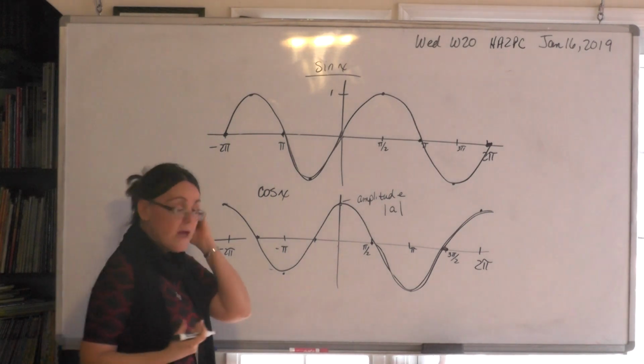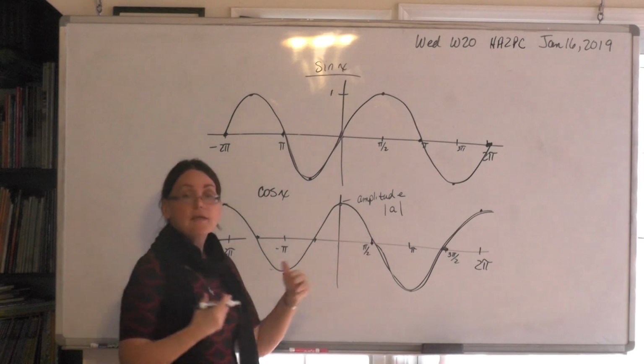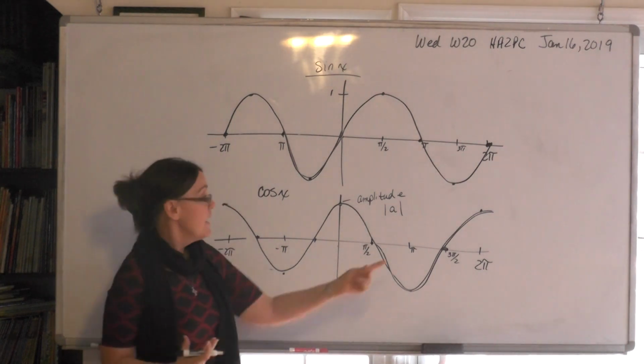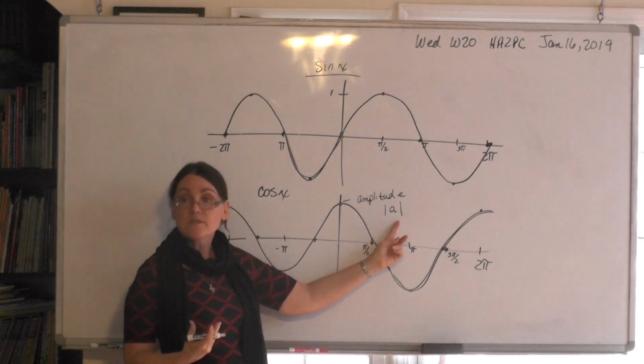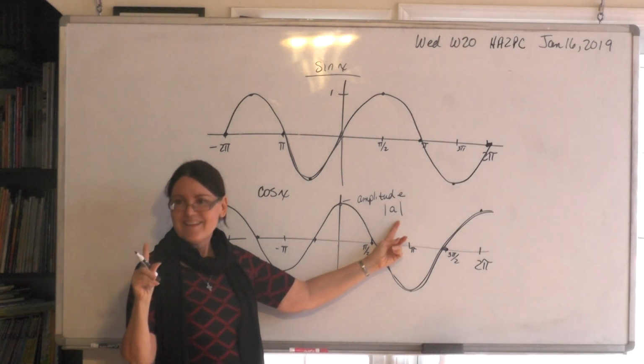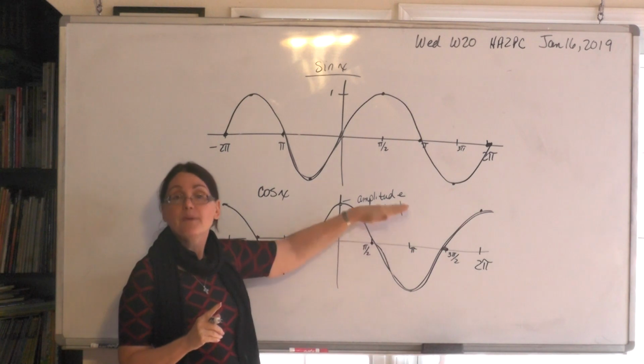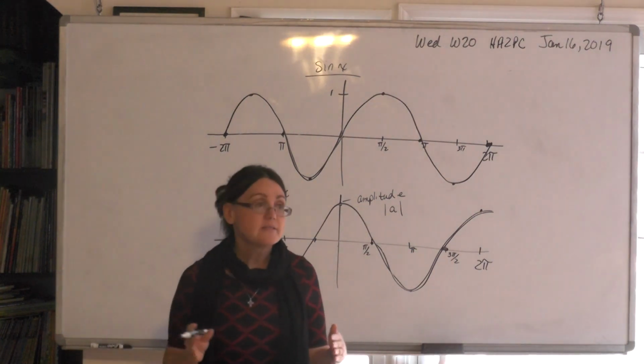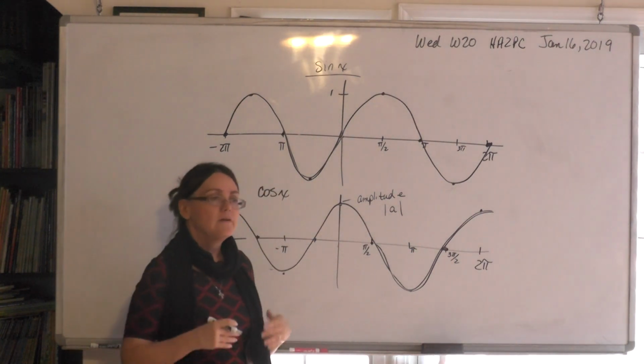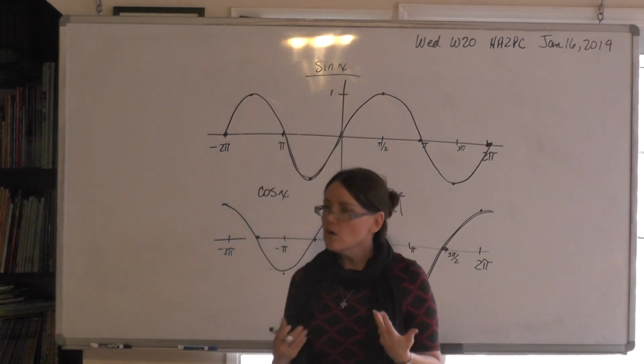So actually, in the parent graph, the amplitude, absolute value of A, is always going to be what? 1. Amplitude is from the baseline. And by the way, if you take a physics class, it's going to be the same for light waves and sound waves, all kinds of waves.